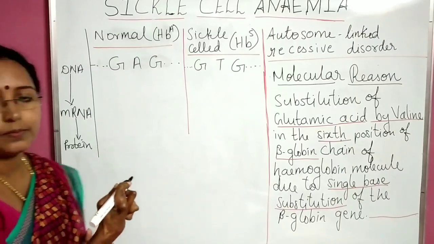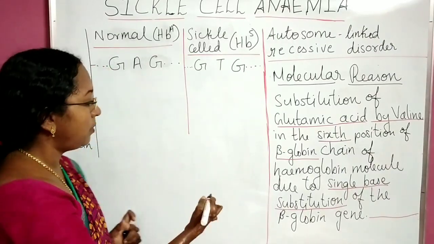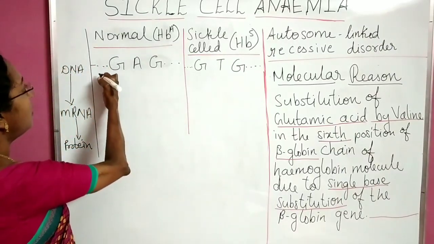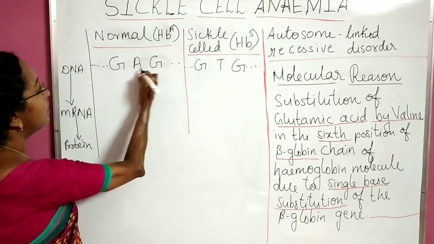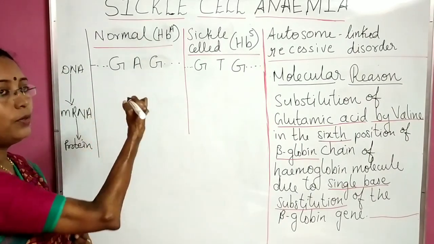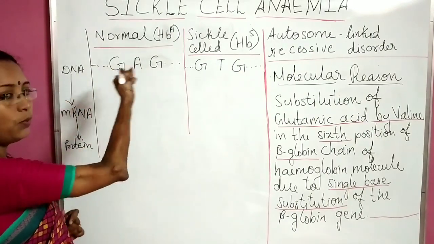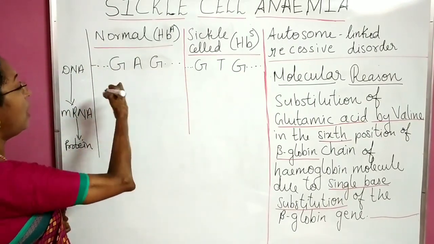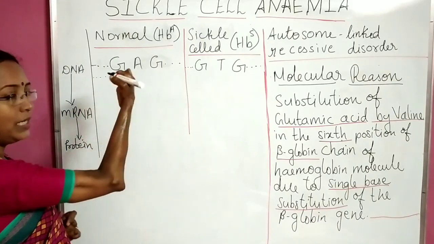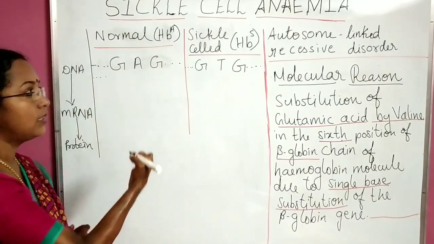DNA is double-stranded. So this is one strand that I have drawn, one part only. The other part, how can I draw that? Yes, based on complementarity, isn't it?